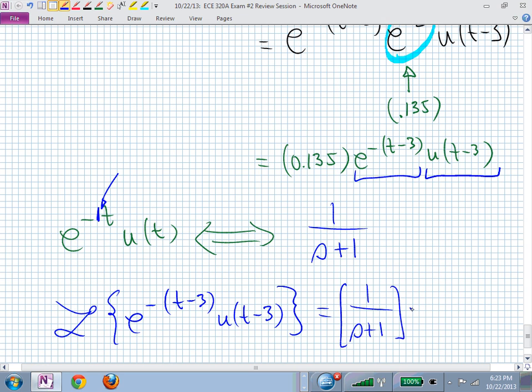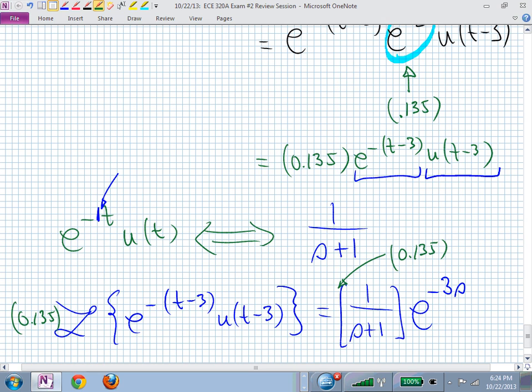And a delay is e to the minus delay times s. So this is now e to the minus 3s, and that's now the Laplace transform of that. And if you need to scale it, which you do, then you simply multiply by that e to the minus 2, which is the 0.135.